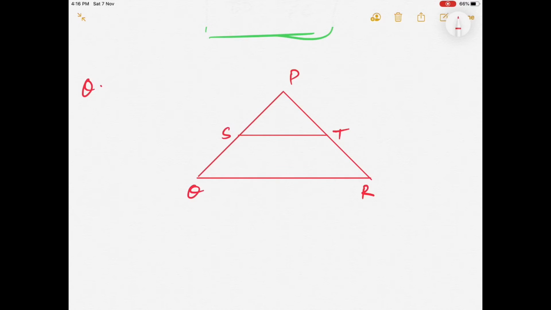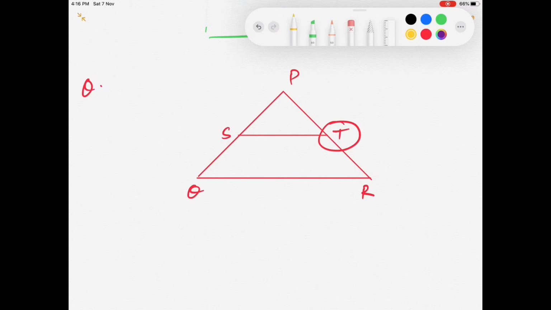PQR, and S and T are 2 points on sides PQ and PR, and this line is intersecting these two sides PQ and PR at two distinct points S and T. S is the point on the side PQ and T is the point on the side PR.